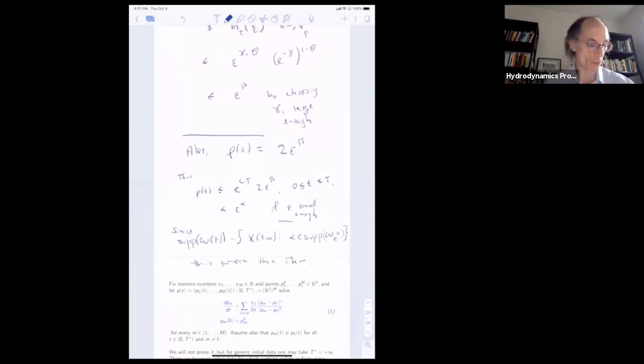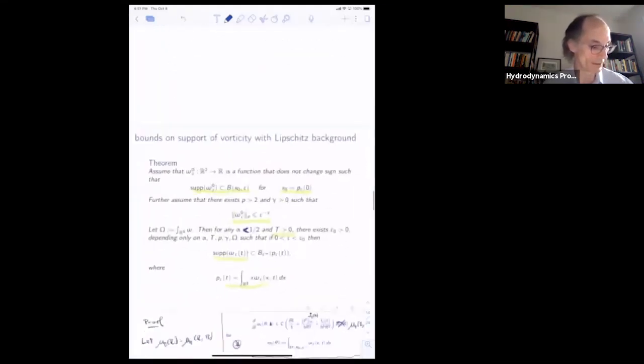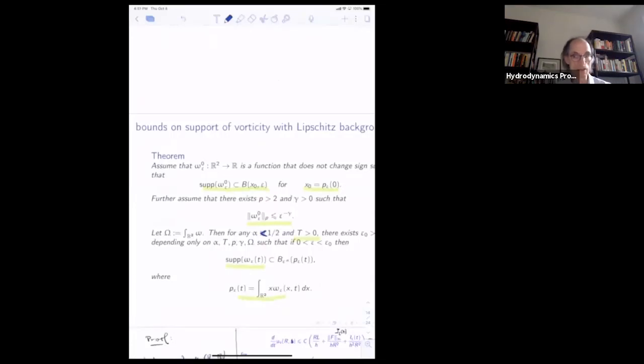So the theorem was, here it was, every point in the support of the vorticity at time t is at most epsilon to the alpha distance from the center of vorticity at time t. And that's what we've shown. Okay, and so nice theorem, nice proof.